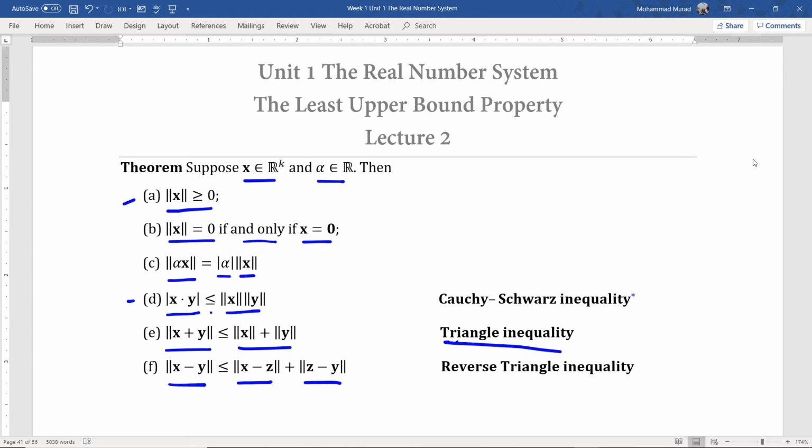If we take a vector x in R2 space or R3 space and another vector y in the same space, then the sum of the vectors x and y can be obtained by the triangle law of addition of vectors.